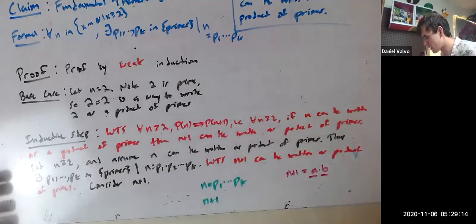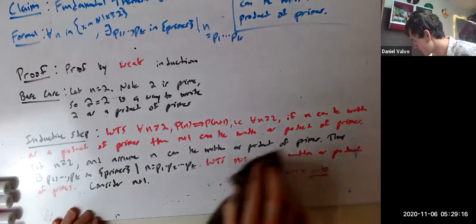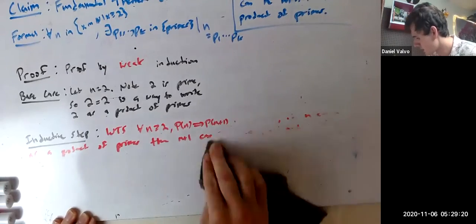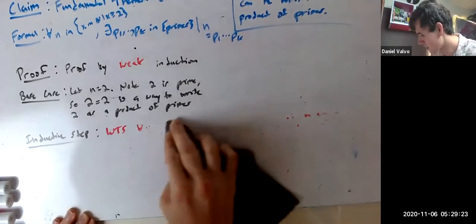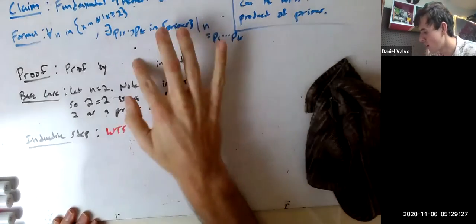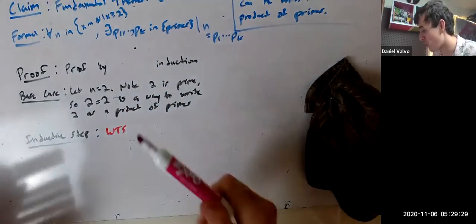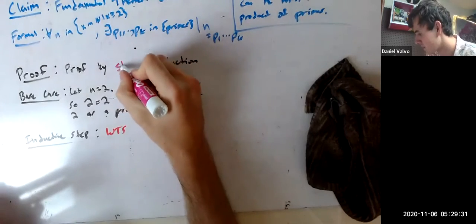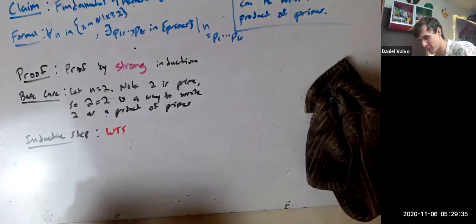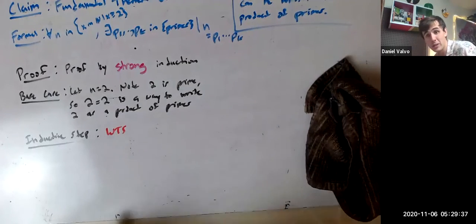So we don't want to use weak induction, because just knowing it works for n is not enough to know it works for n plus 1. We want to use nice strong induction. By strong induction, we get to assume more.